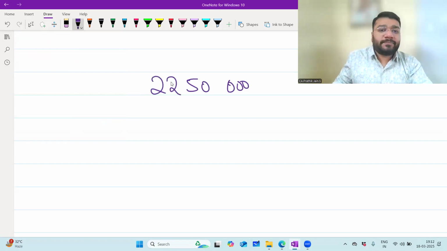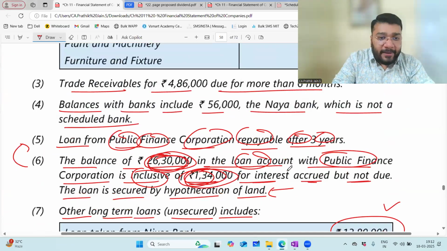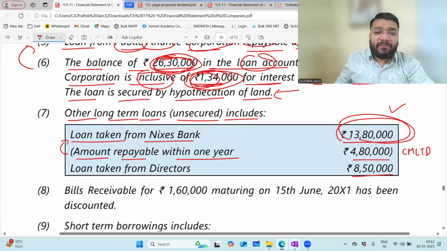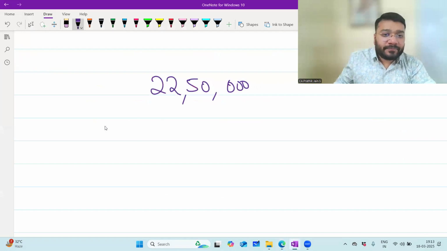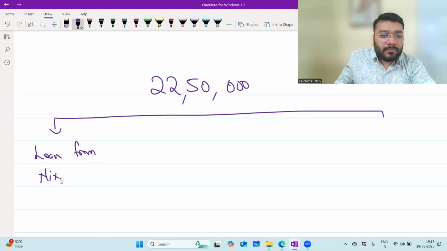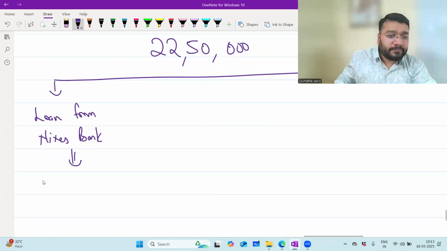Now the question says that one portion of this is 13 lakh 80,000 loan taken from Nexis Bank. So one part of this, how much is it? 13 lakh 80,000. Okay.